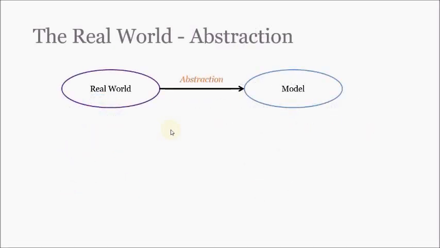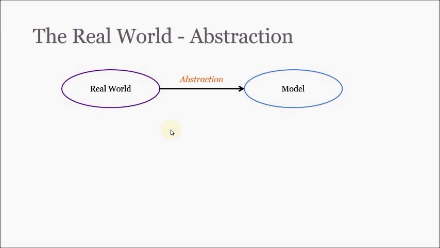Now, what is abstraction? We have an object in the real world and we extract the essential information that we require to work with the real world into a model.